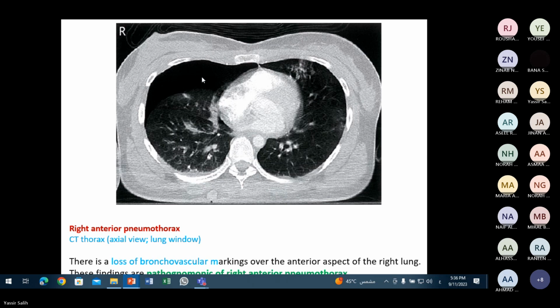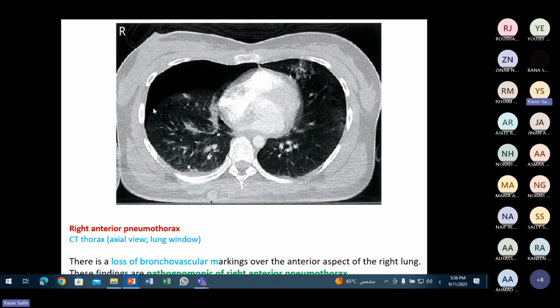And what is this? Compressed lung. Air. So air on CT, how does air appear? Hypodense. So this is the air in the pleural cavity.